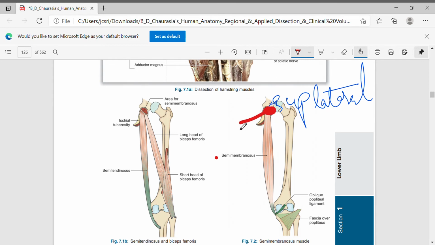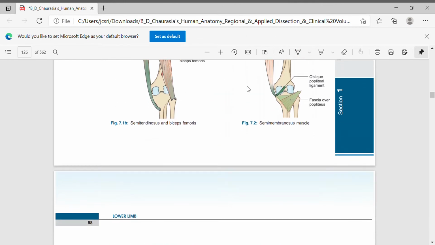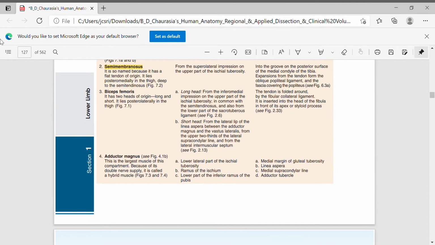It starts from there. That is what is given here. So it starts from the superior lateral impression on the upper part of the ischial tuberosity.